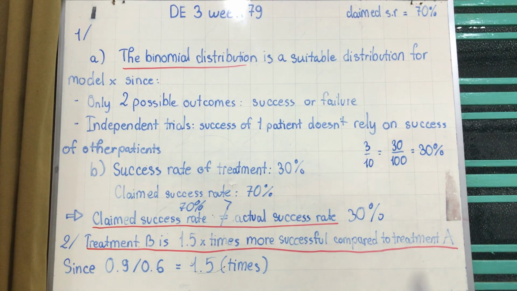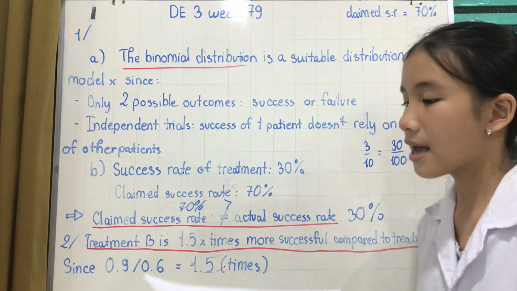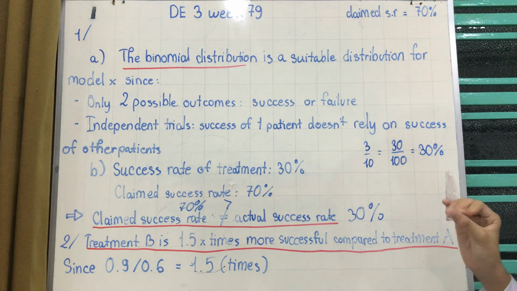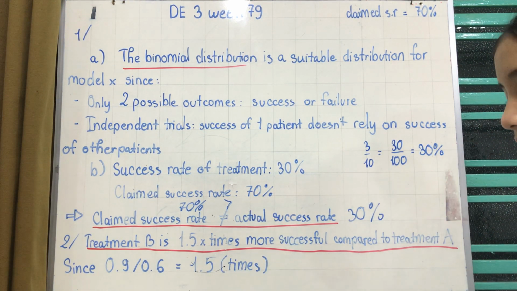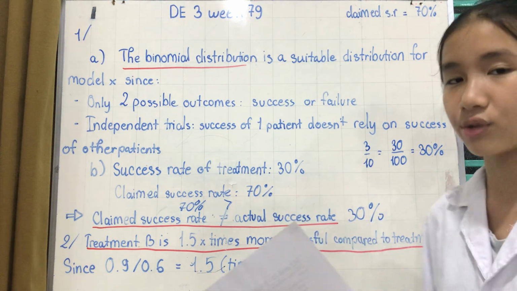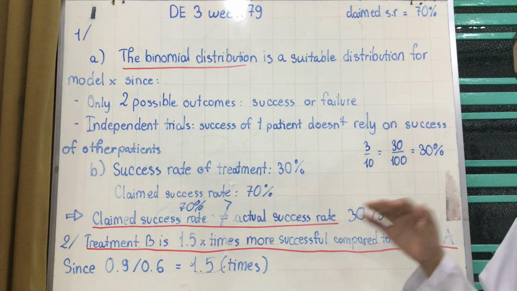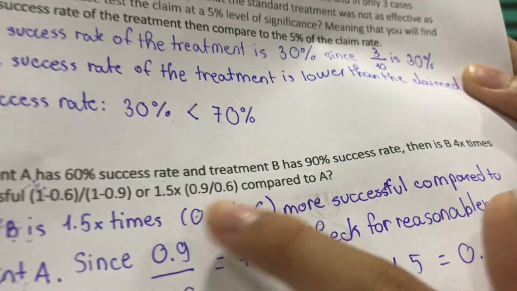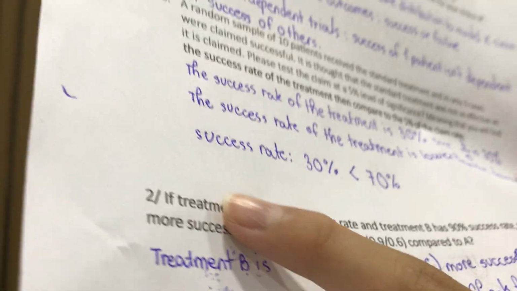So for this problem, I came to the conclusion that treatment B is 1.5 times more successful compared to treatment A, since 0.9, which is 90%, divided by 0.6, which is 60%, will equal 1.5. And for this problem, they asked whether it is 1.5 times more successful or 4 times more successful.